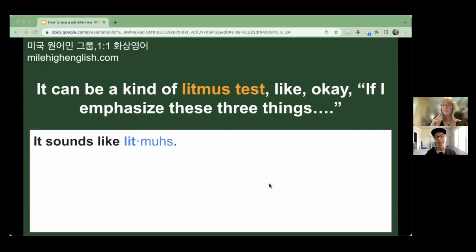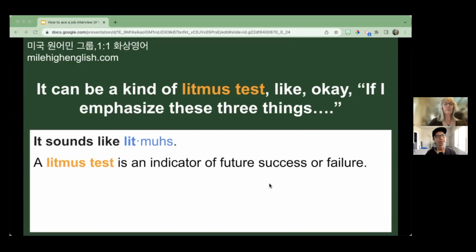And from that can come the definition of litmus test, because it's kind of like that. It's an indicator, in a situation, of future success or failure, similar to the litmus paper used for the litmus test.